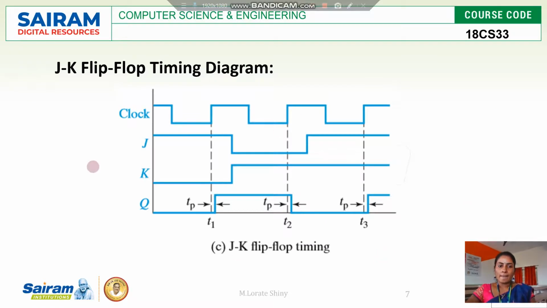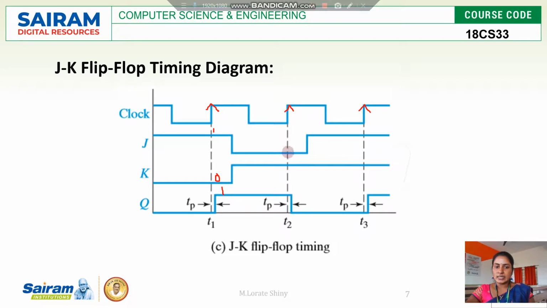Timing diagram. This timing diagram is drawn for rising edge. Okay. So at the first rising edge, J is 1, K is 0. If J is 1, then your Q will be 1, which became 1.